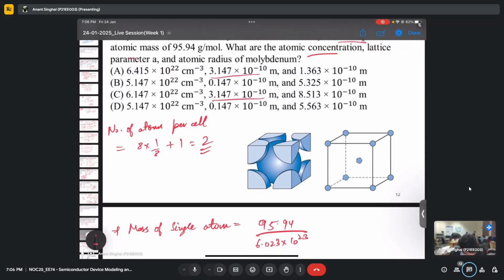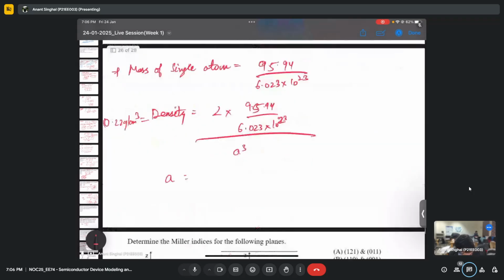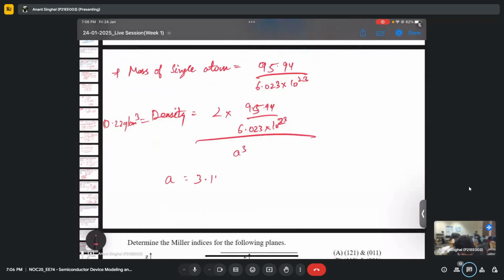There are two options like that, so I'm assuming that he has calculated correctly. So it is 3.147 times 10 to the power minus 10 meter. The second thing is very obvious now. We can calculate the radius by root 3 by 4 times A. This is 1.7, so almost half of that will be R. I guess it is 1.39.